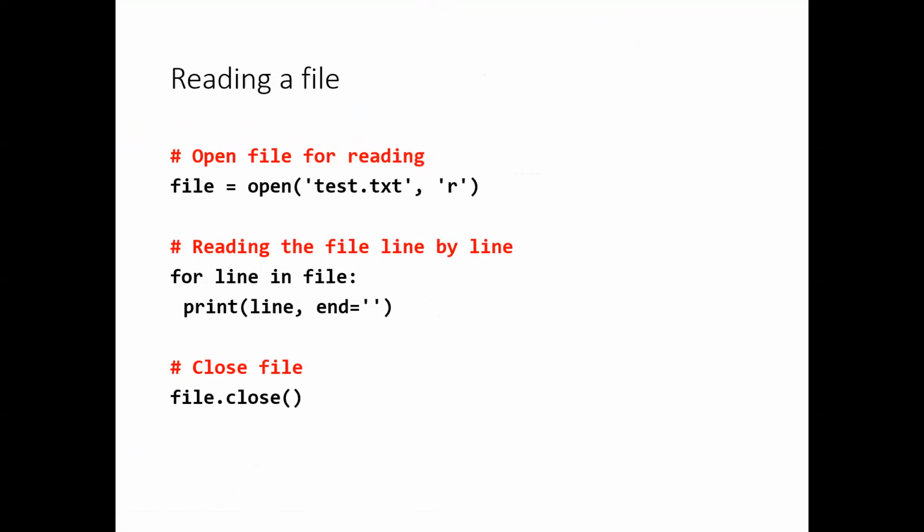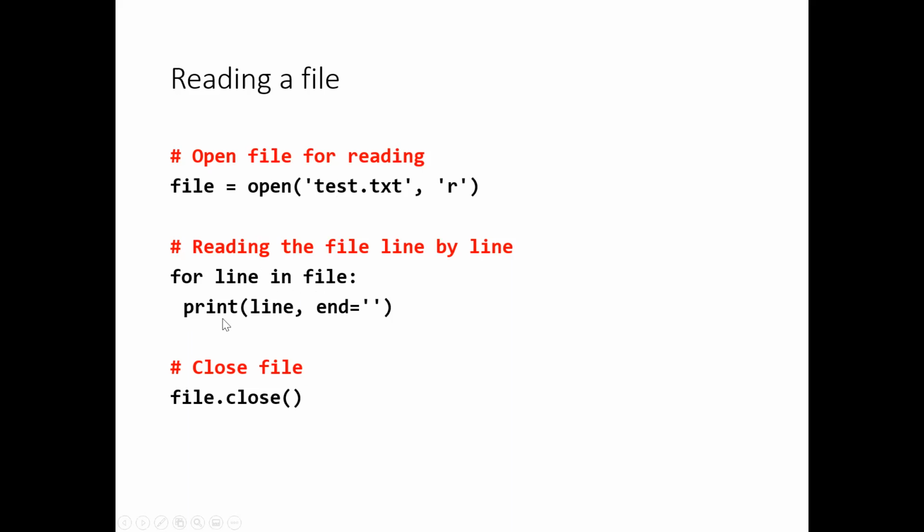So reading file, there are many ways to do this. I will show you one way to do this. Simply one thing we need to change is instead of append A, we need to say R, that's for reading. And then you can go line by line.